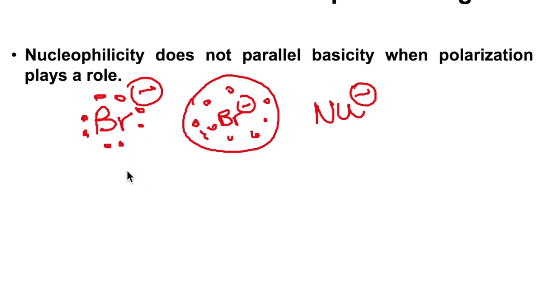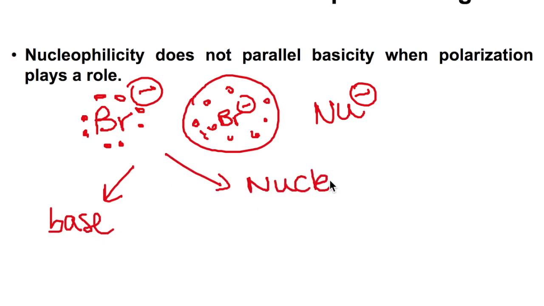So if we look at these again, let's talk about it in terms of base and nucleophile. As I said, because the molecule is large and it can be polarized, this will be a good nucleophile.